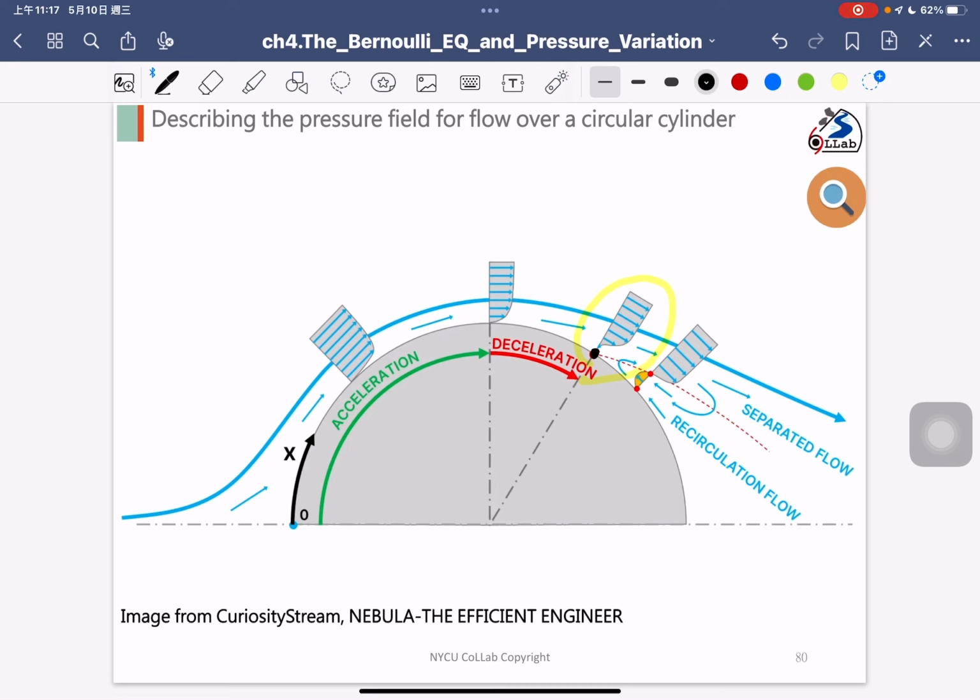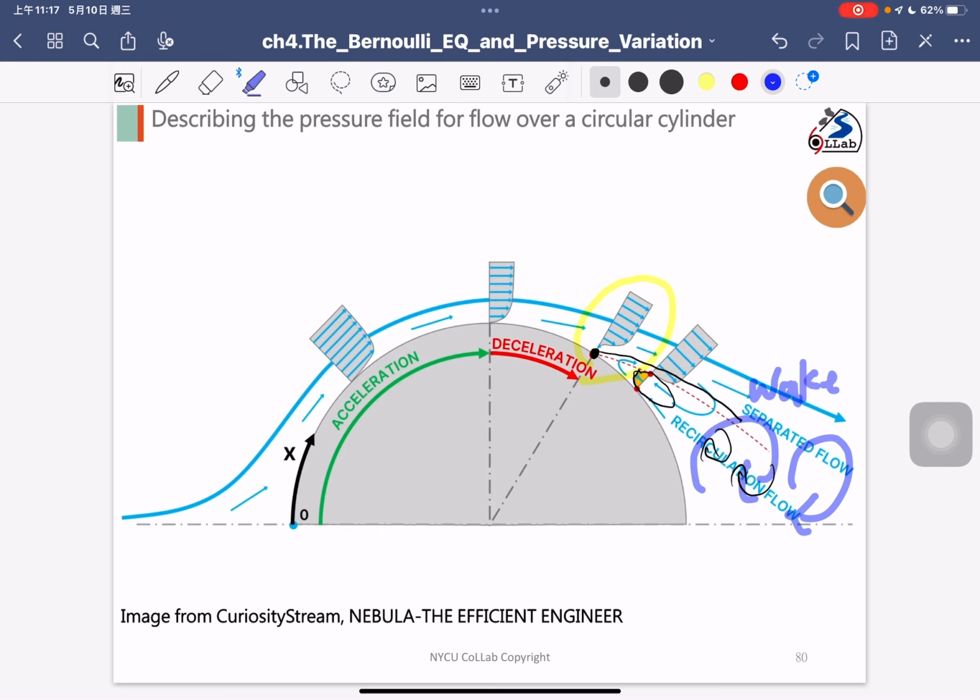After the flow starts to separate, in that region we will observe some adverse flow velocities, and we will have some recurved circular flow at the back of the object. That region is what we call the wake flow region, and this is the wake flow region we don't like because there is some pressure drag force in this direction.